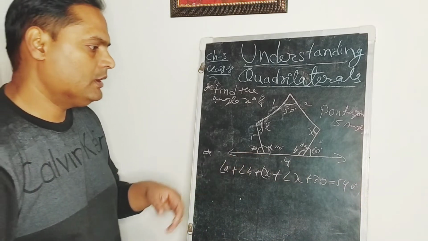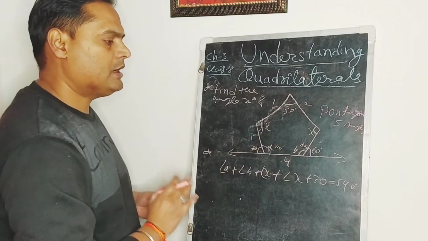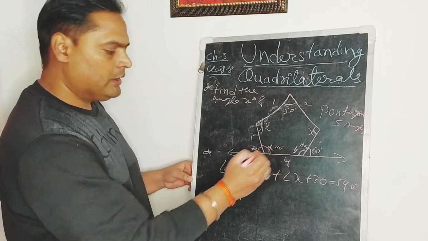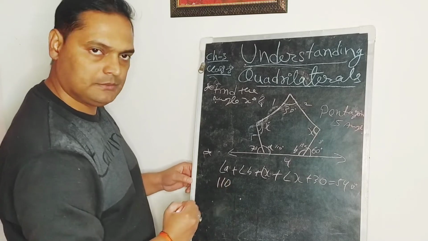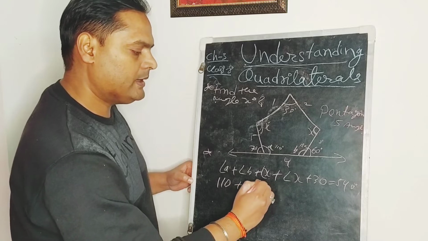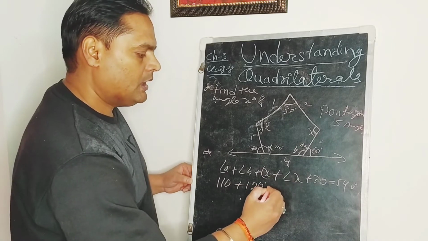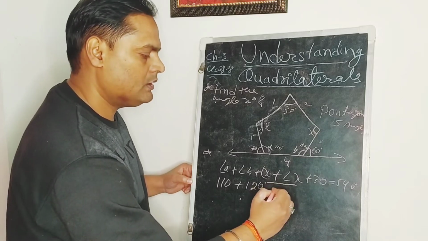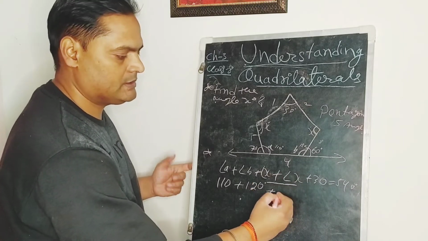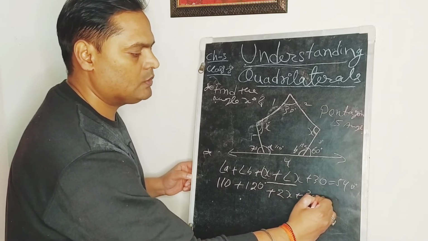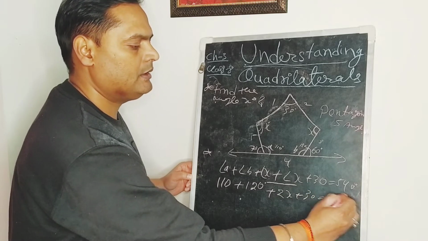This is the total of the interior angles of a pentagon. Angle A we already know is 110, plus angle B, which we found with the help of the linear pair, 120, and here angle x plus x is 2x, plus 30 equals 540 degrees.